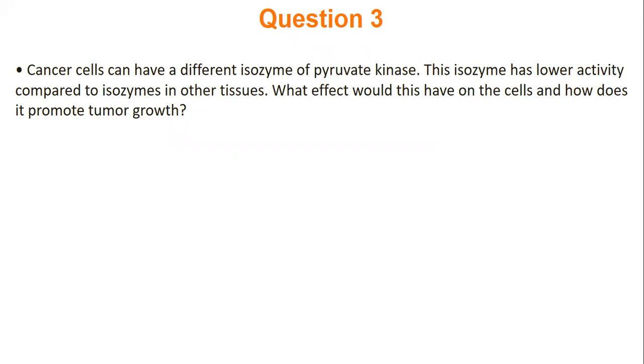So question 3 is another big thinking, critical thinking question. Cancer cells can have a different isozyme. An isozyme, if you remember, is an enzyme that does the same reaction, but they're actually different. So they have a different isozyme of pyruvate kinase.